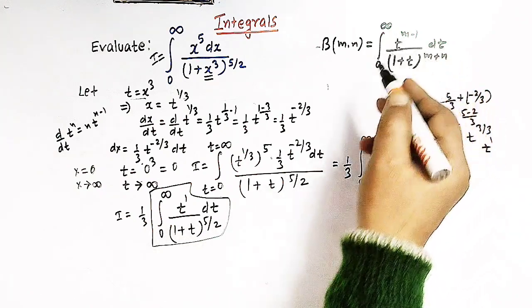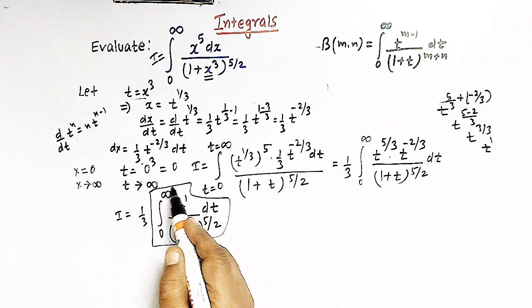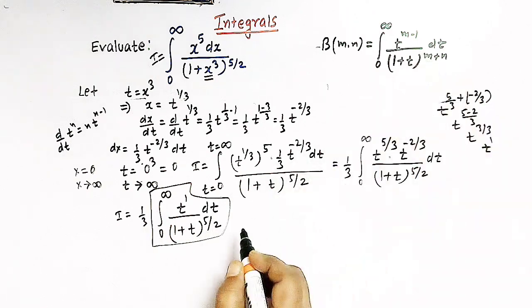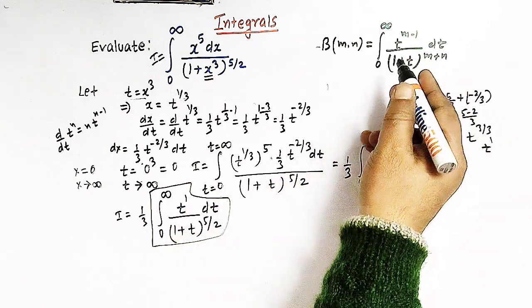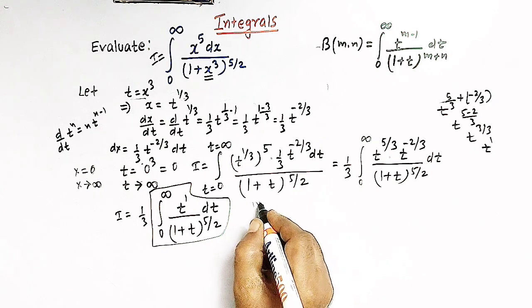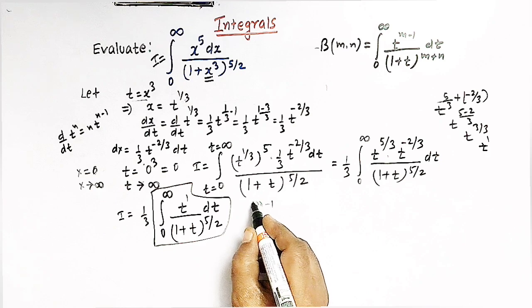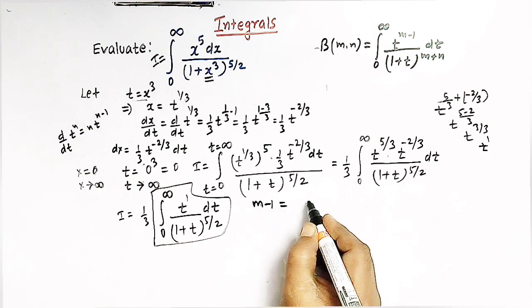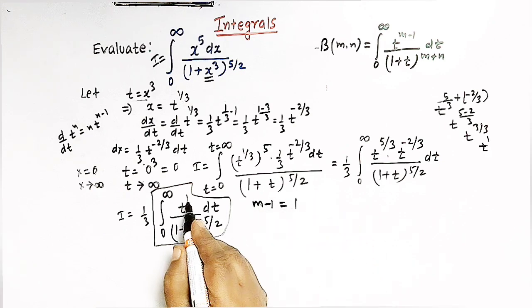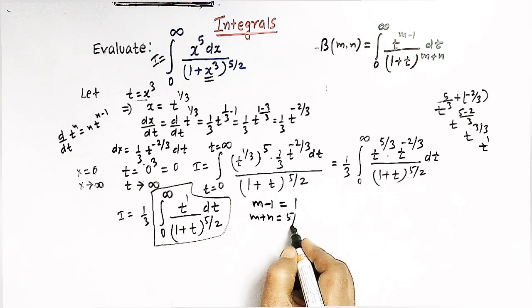So let us find out the values of m and n in order to express this integral in this form. We can now compare both these integrals. So we have m minus 1 equal to 1, and then m plus n is equal to 5 over 2.